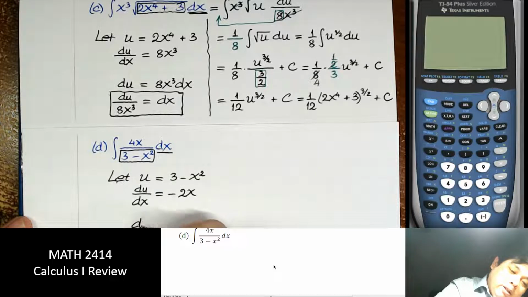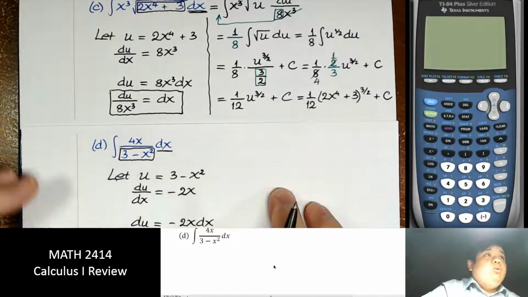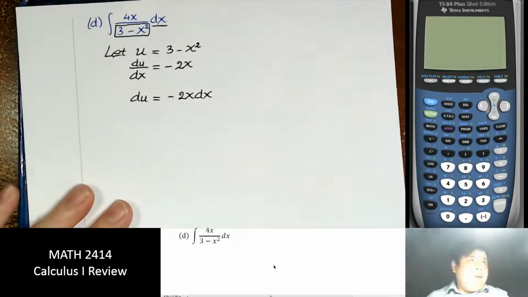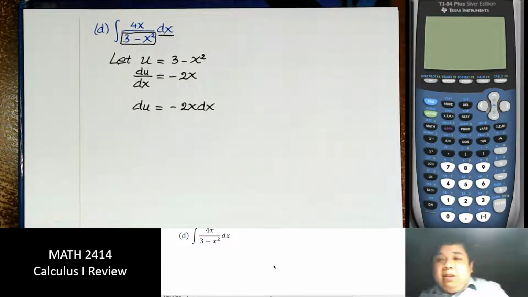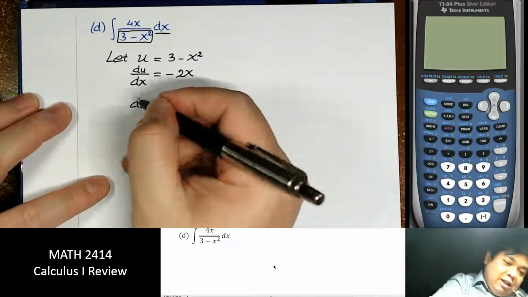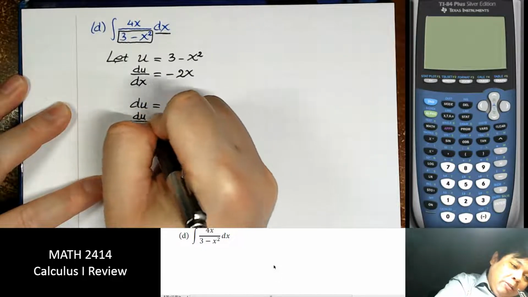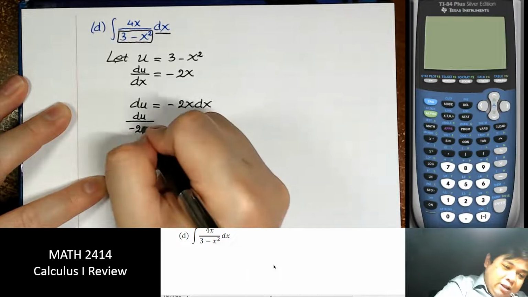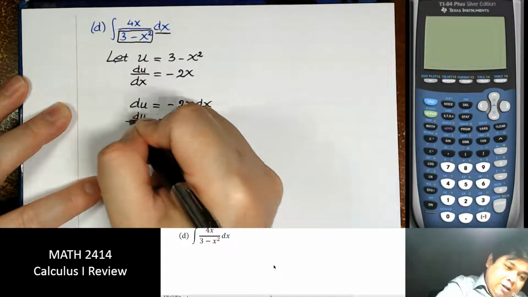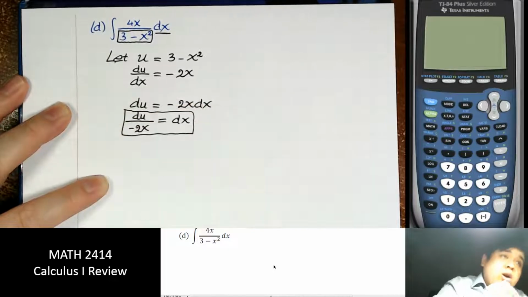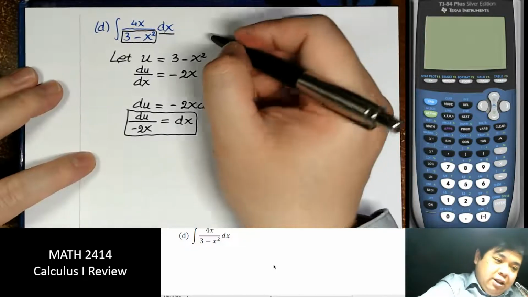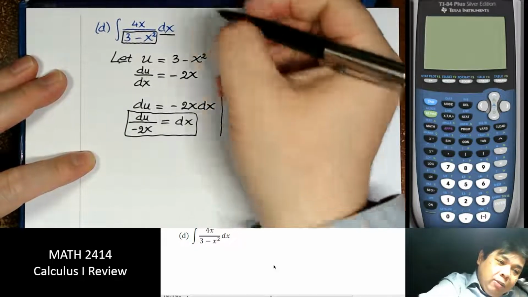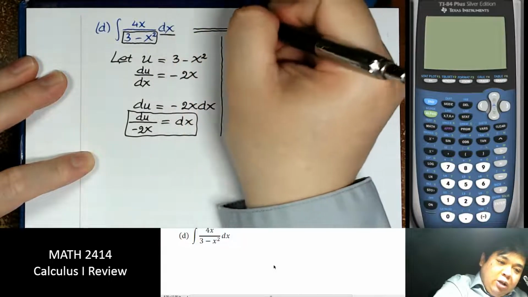Multiply the dx over, and when we solve for dx, we have du over negative 2x dx. So two components of the integral, the u and the dx. When we have those two, we can substitute into the original problem.